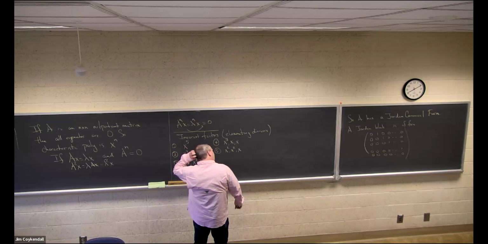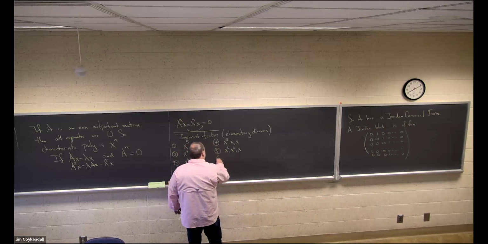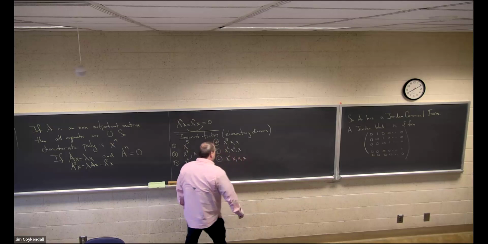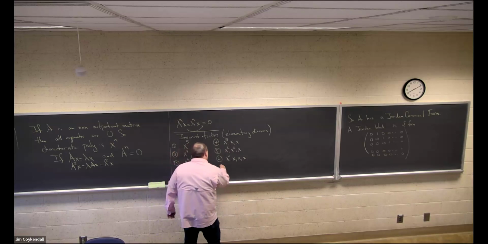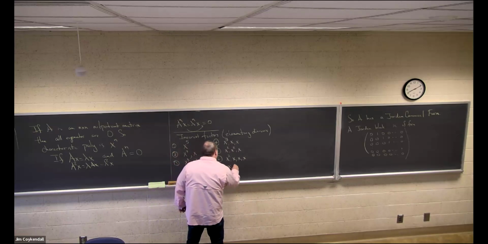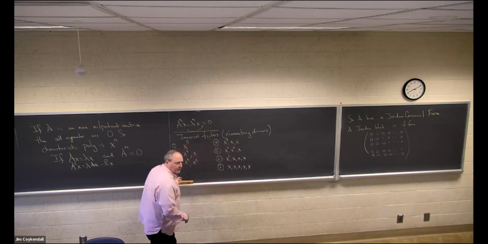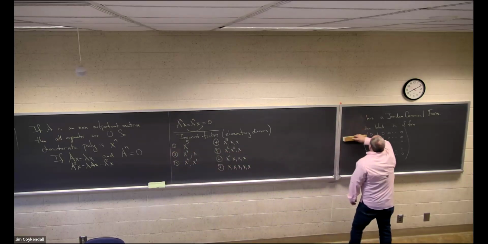And I guess that exhausts it for three, doesn't it? I do four: x^2, x. Right, I think that's the only way to do that. So it looks like the partitions of 5.